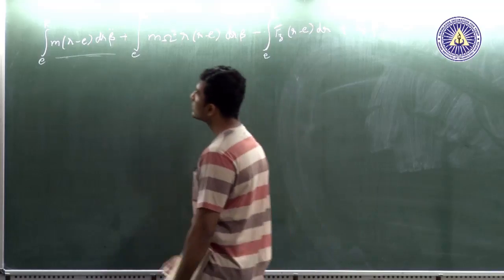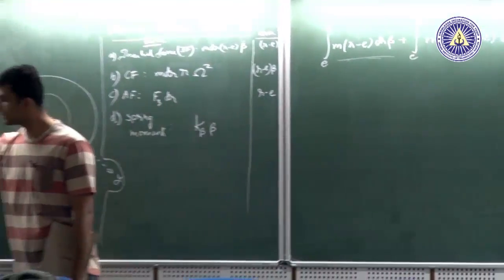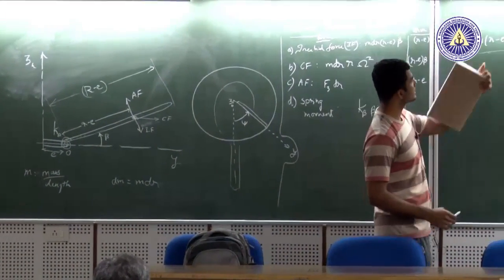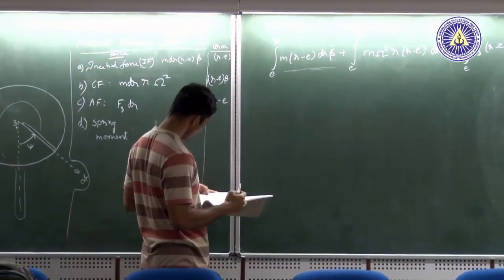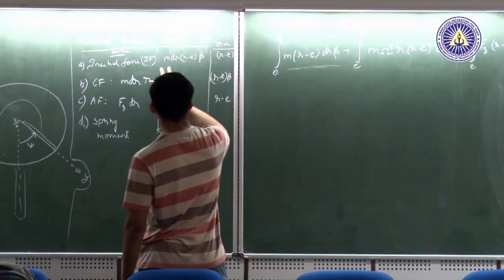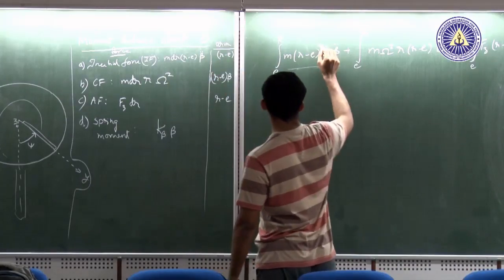This integration is along the length of the blade, so it is independent of beta. So I can perform this integration. I'm sorry, there is one (r minus e) dr for the force, and then there is the moment. I forgot to put that.